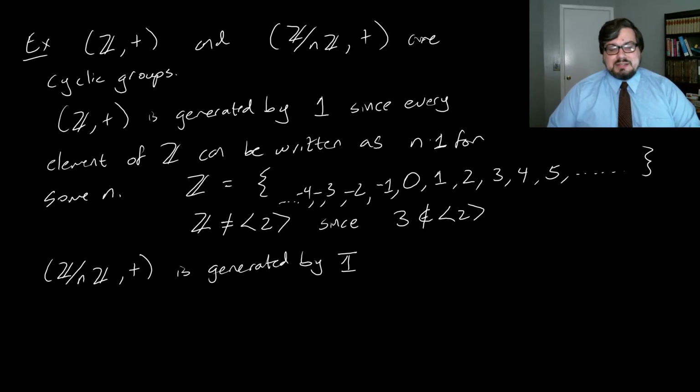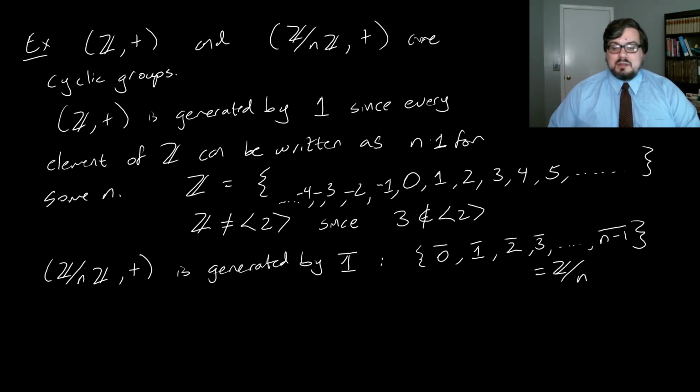So Z mod nZ is generated by 1, and that's basically because if we take the identity and we take 1 and we keep adding it to itself, we'll get 2 bar, 3 bar, etc., up to n minus 1 bar. And then if we add 1 to n minus 1 bar, we get back to 0 bar. And this is the set of all elements in Z mod nZ.